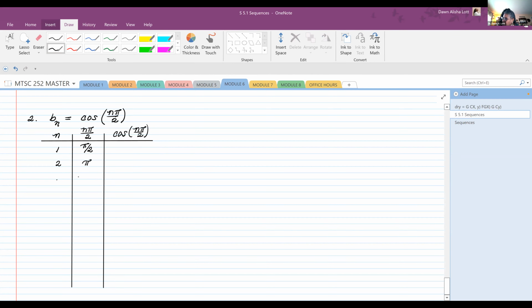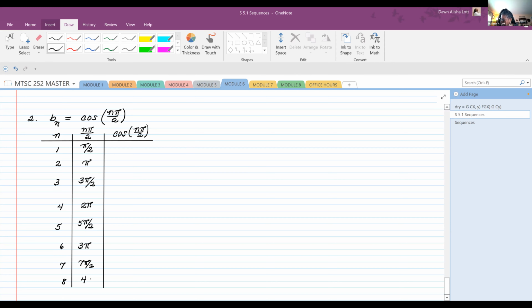When n is 3, we get 3 pi over 2. When n is 4, we get 2 pi. When n is 5, we get 5 pi over 2. When n is 6, we just get 3 pi. When n is 7, we get 7 pi over 2. When n is 8, we get 8 pi. No, we don't. We get 4 pi. So I think that's good enough.